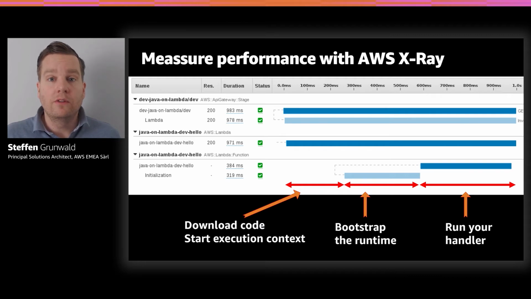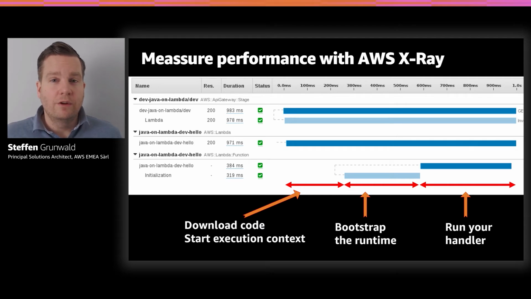Lambda downloads your code and starts an execution context for the execution. Within this execution context, the JVM is started, and also your handler classes are loaded. And in the third phase, your handler class is used, and your handler method is called with the incoming event, and it's executed.